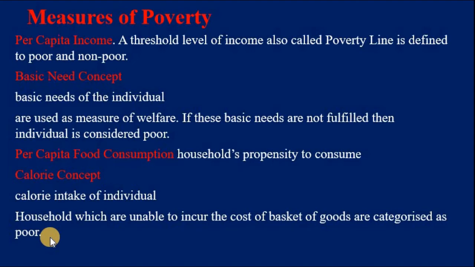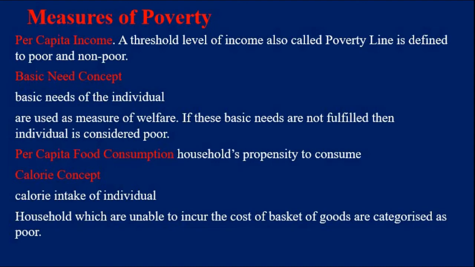If that particular basket does not contain enough calories, then the individual buying that basket of goods is called poor. So these are some basics of measurement of poverty: per capita income, basic need concept, per capita food consumption, and calorie, how much they are taking in.